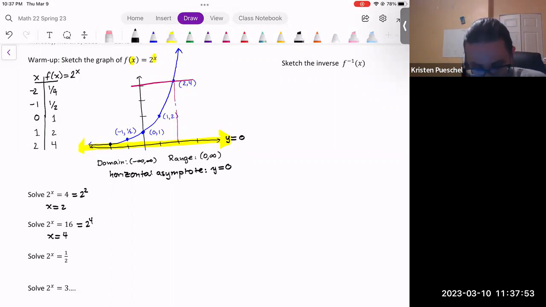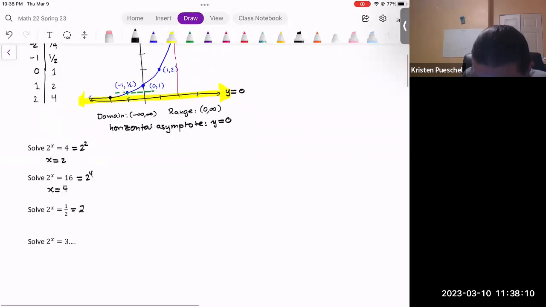If we wanted to solve 2 to the x equals 1/2, we can read this off of our graph, where y equals 1/2. This is at x equals -1. And we can also read it by rewriting 1/2 so that we have a base 2 instead of 1/2. So comparing 2 to the x equals 2 to the -1, we see that x is -1.